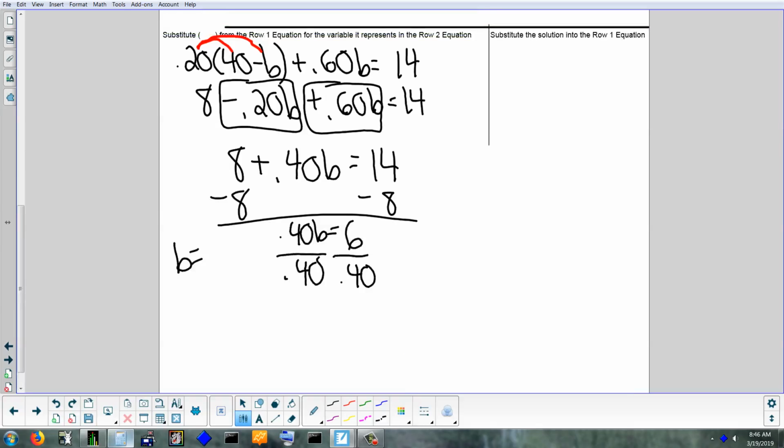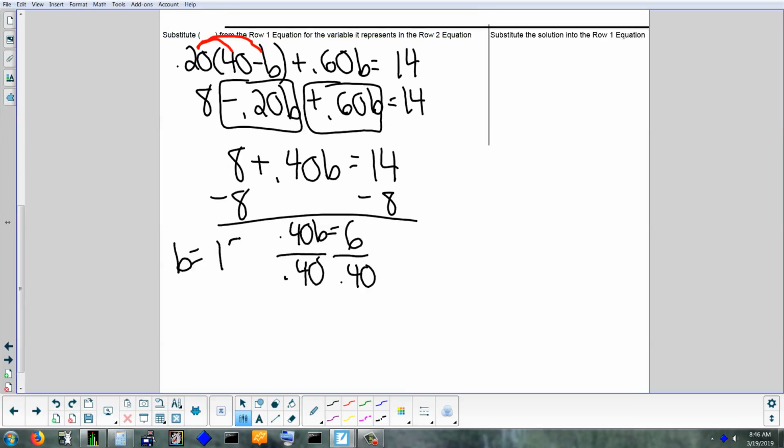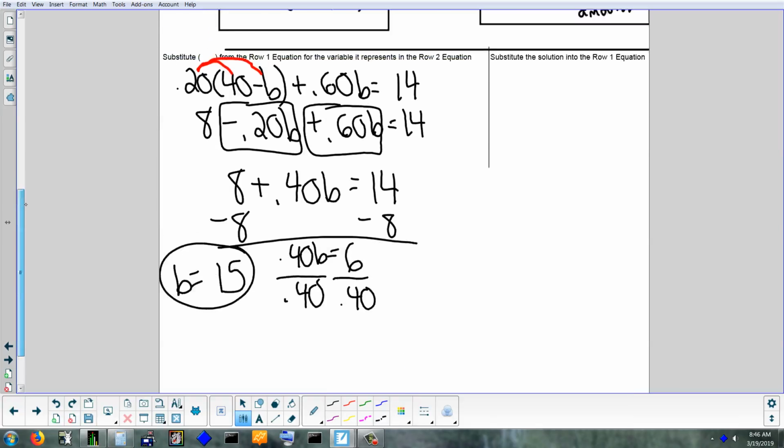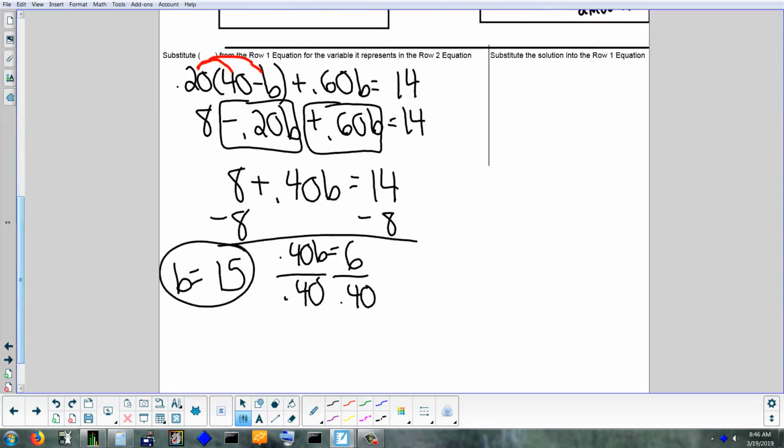B equals, we're not sure, we'll use a calculator. 6 divided by 0.40, 15. So B, what was B, my 60% solution? Yeah. So B, my 60% solution, was 15.